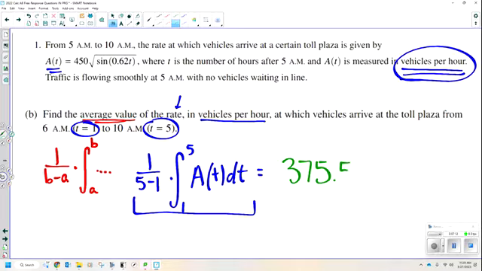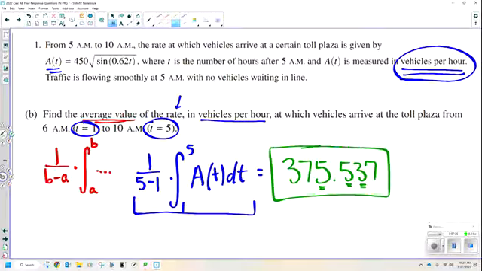If you were to round to 2 decimal places or 1 or even to a whole number, in this case, because they're asking for the average value of vehicles, I guess 376 would be accurate. As long as you round correctly, they can accept that. But I never leave it up to chance. I always go 3 decimal places because that is what the test always goes to. Unless they tell you otherwise, I tell my students 3 decimal places.